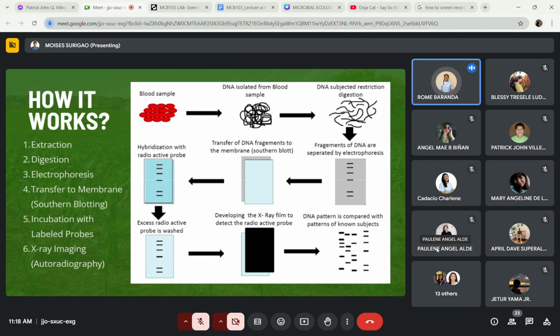So itong bands na to or DNA fingerprints, ito yung basis ng ating parang uniqueness as individual. So it provides highly specific way to identify individuals based on their genetic makeup. Next slide po, please.